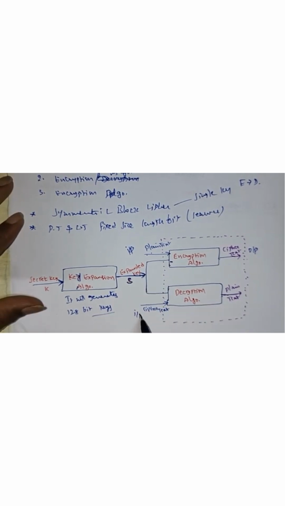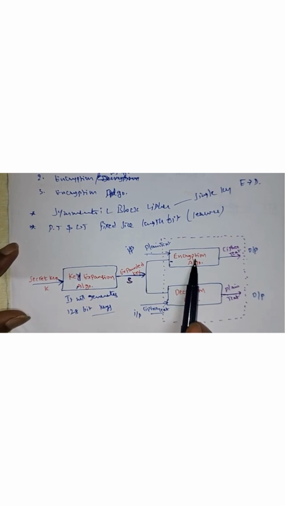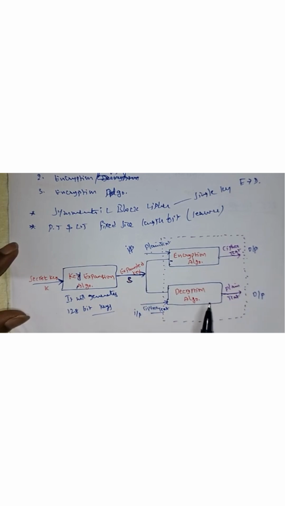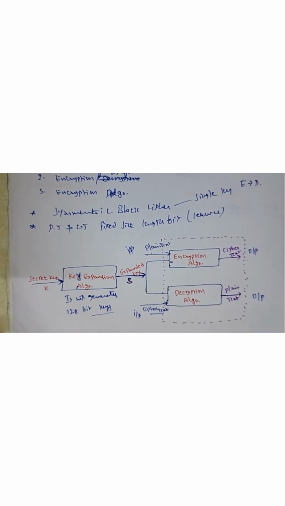The input is cipher text, and after performing the decryption algorithm we will get the plain text as the output. This is the block diagram of RC5. First we take the secret key and apply the expansion algorithm. The expanded key goes to the encryption algorithm to convert plain text into cipher text, and the same expanded key goes to the decryption algorithm to convert cipher text into plain text.